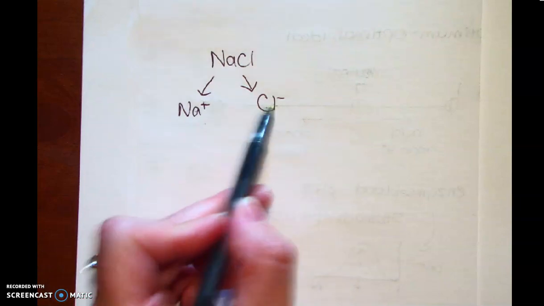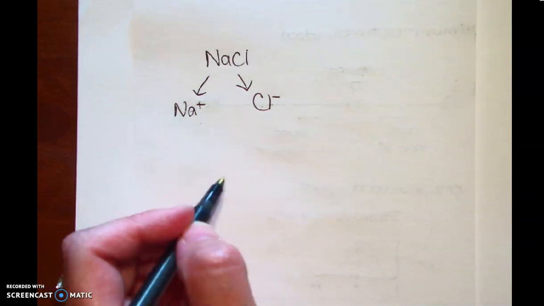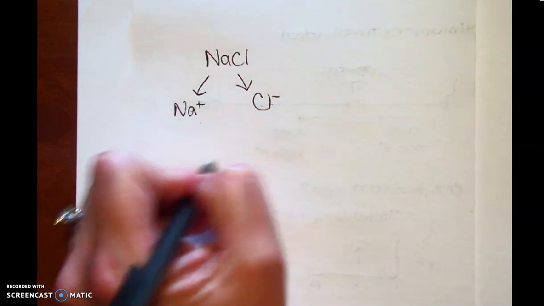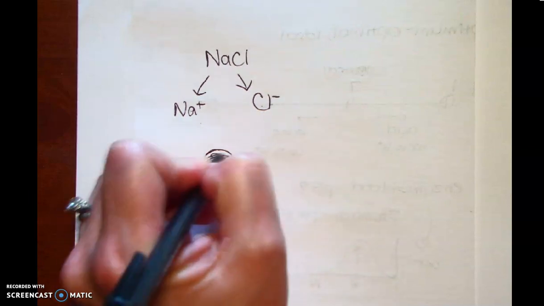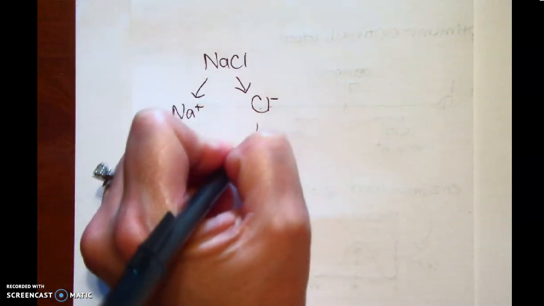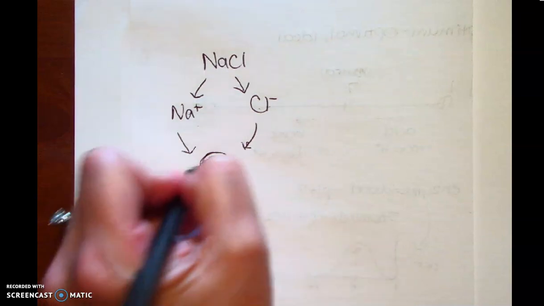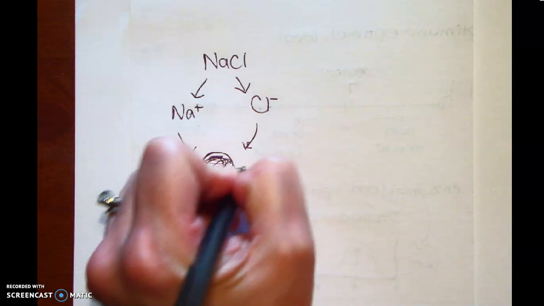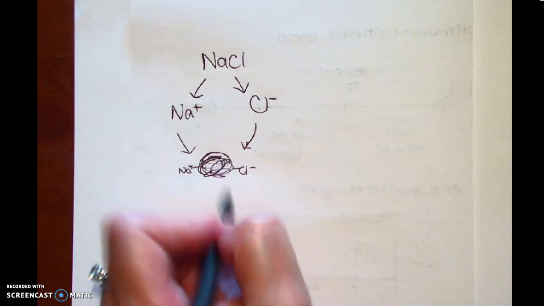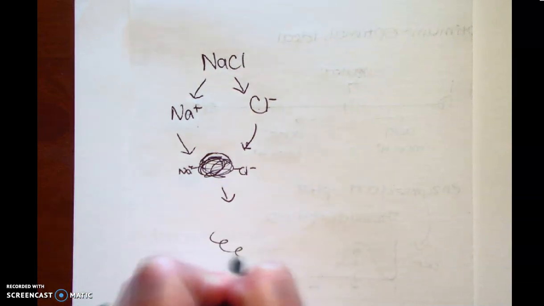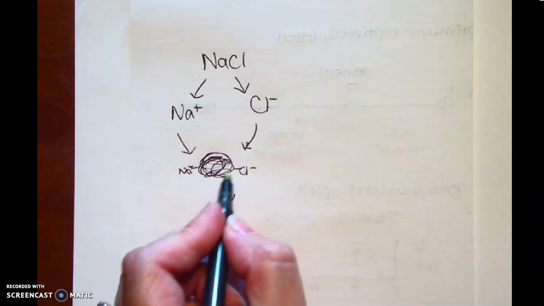Well, these charges can interfere with the functional groups in an enzyme, and so we'll just draw a big tertiary structure. And so you start seeing these sodium and chlorine ions start to bind to and interact with the enzyme, and they can actually outcompete some of the other bonds.